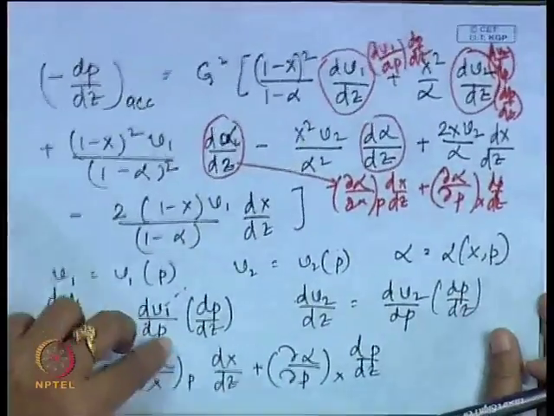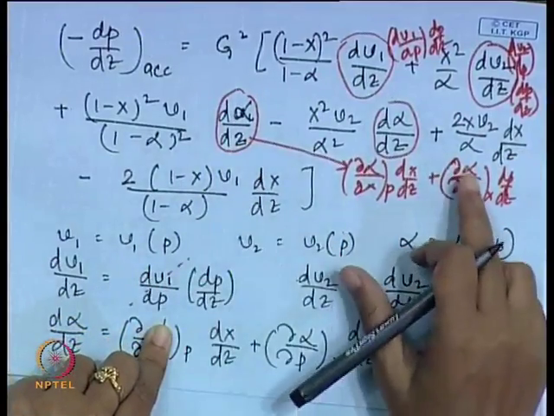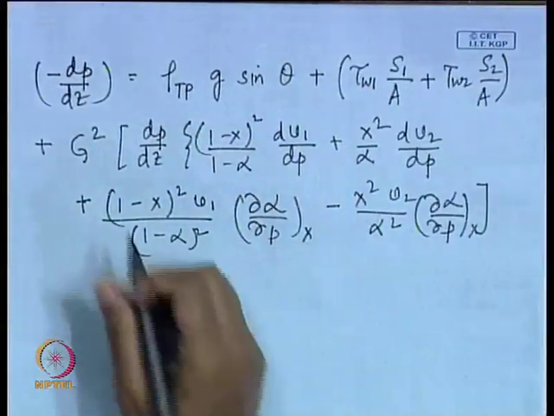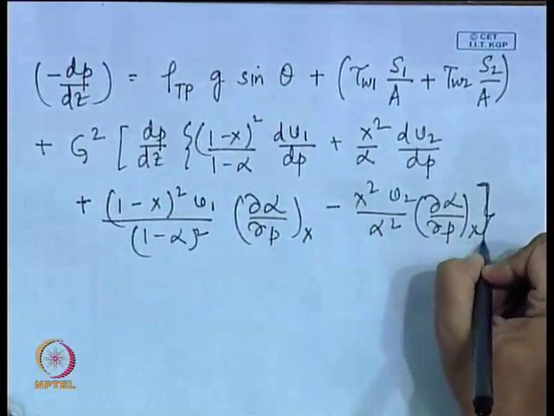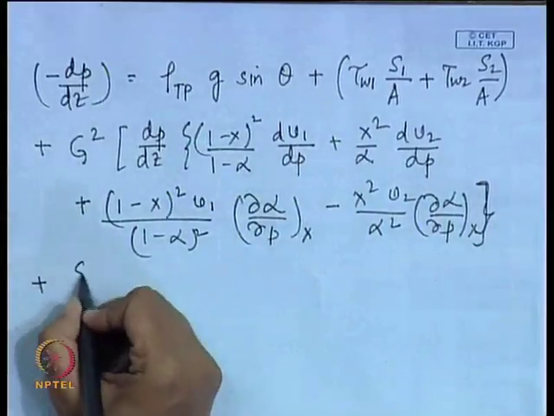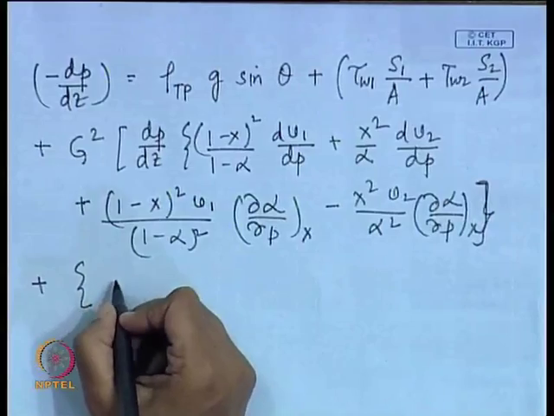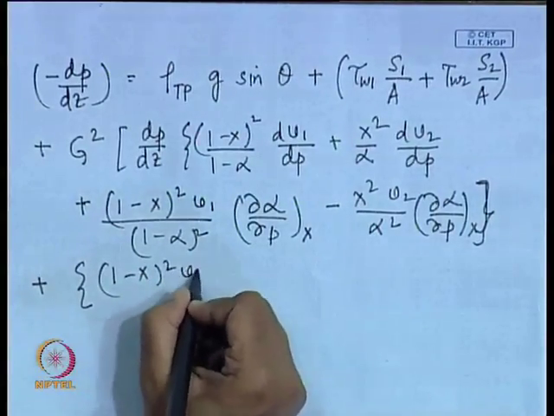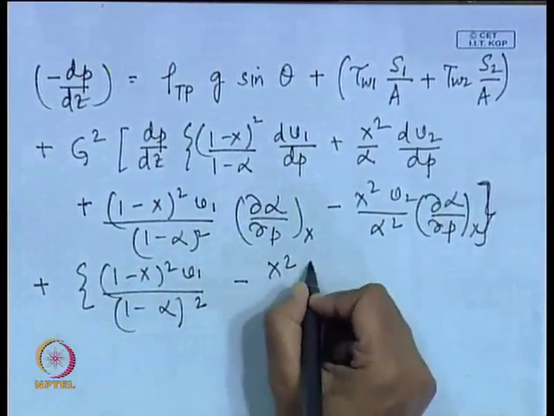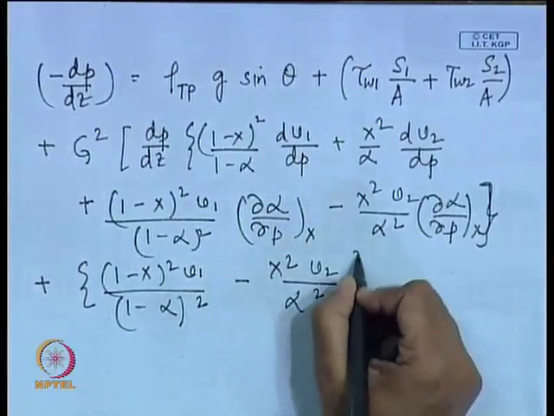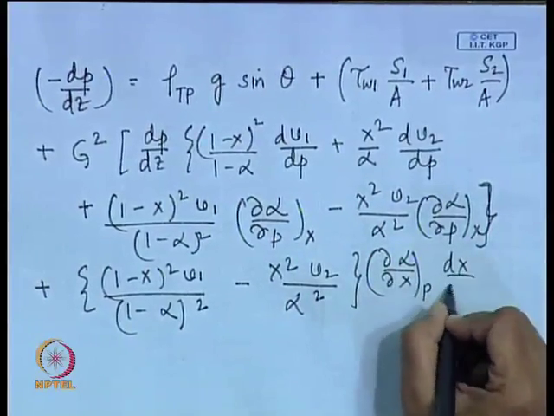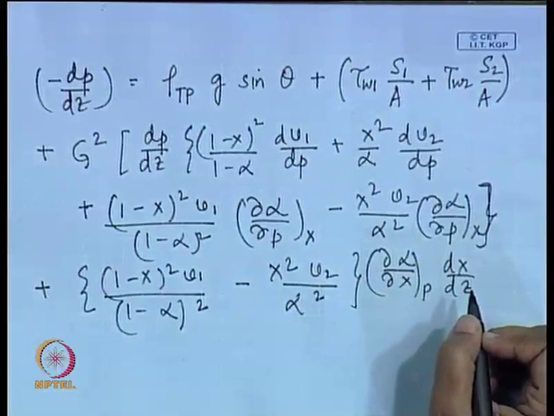And along with that, the rest of the terms containing dx dz remain. So, we get this curly bracket, and along with that plus 1 minus x whole square v1 by 1 minus alpha whole square minus x square v2 by alpha square, del alpha del x at constant p, dx dz, the terms containing dx dz.